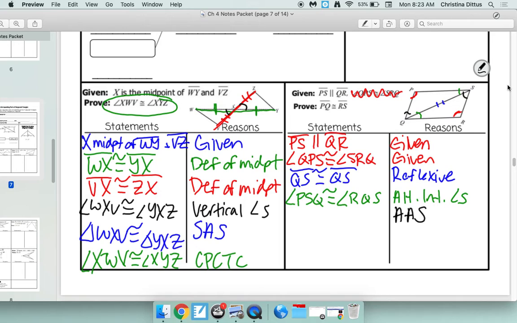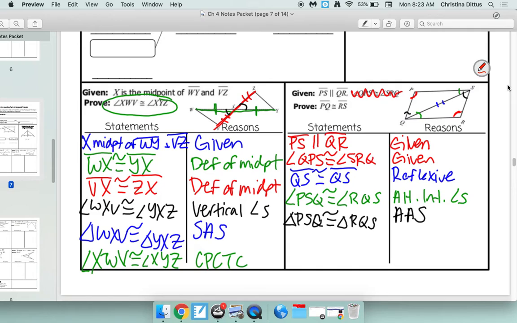What do I say for my statement for angle, side? My triangles are congruent. Triangle PSQ is congruent to triangle RQS, because of angle, side.